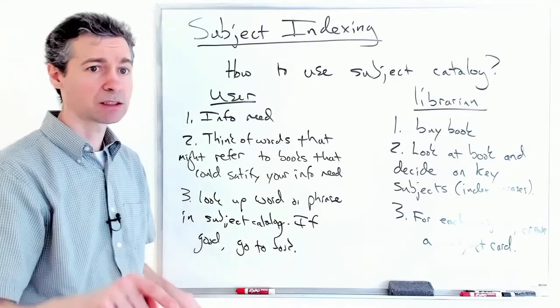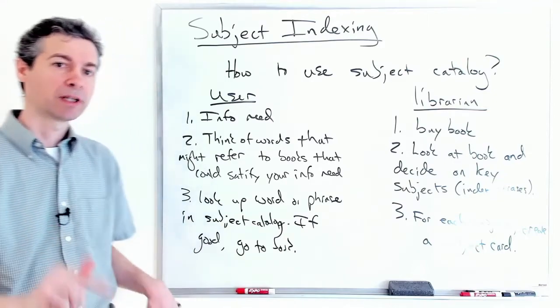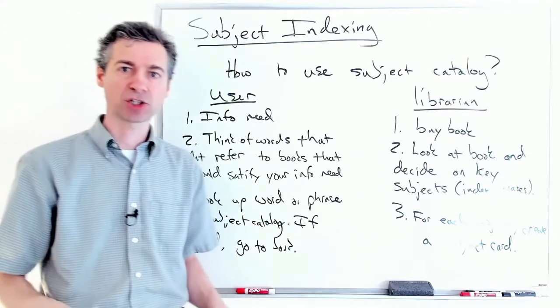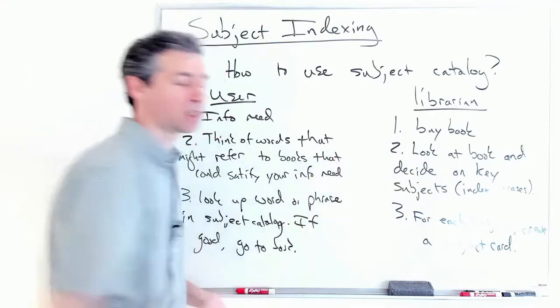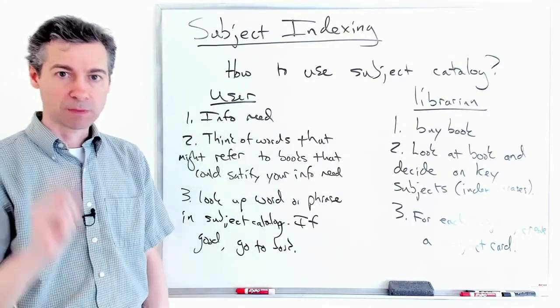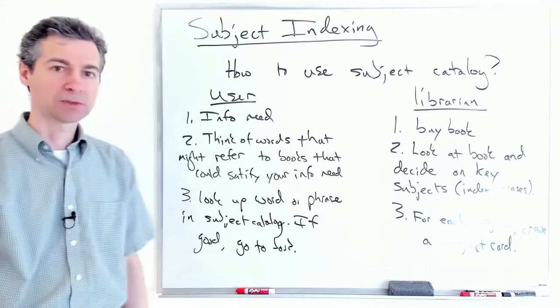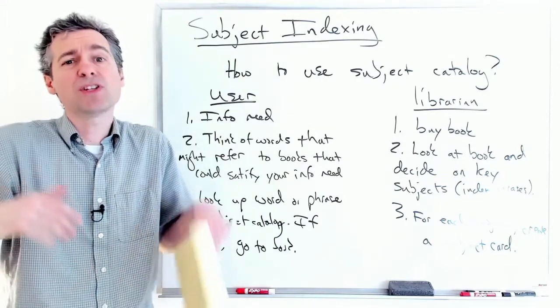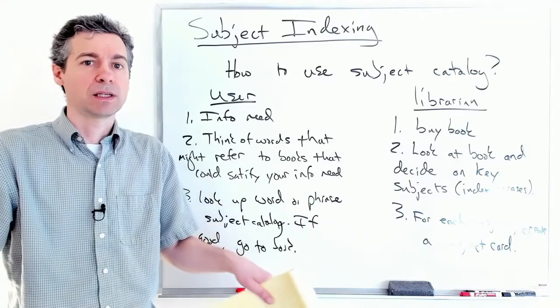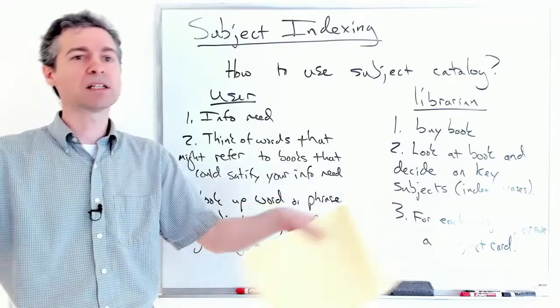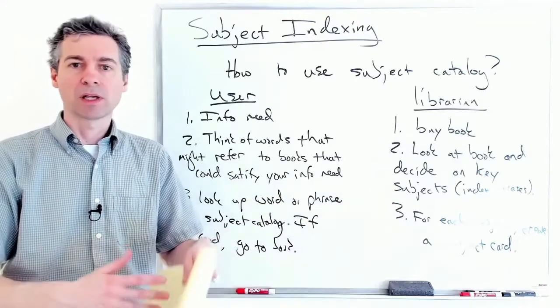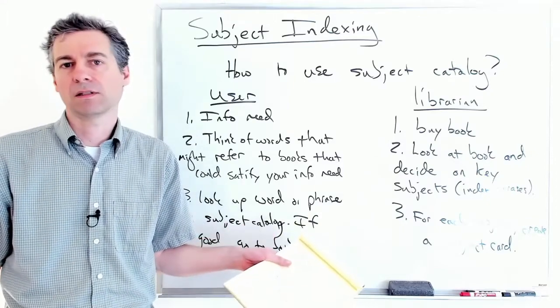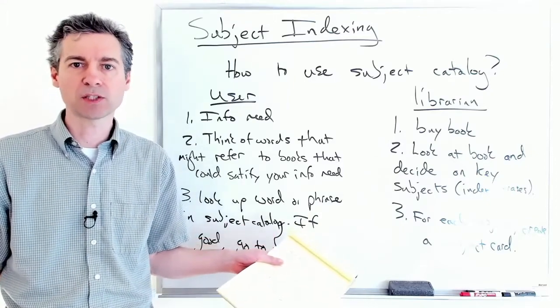It's there. It's in the library. It's relevant to your information need, but they didn't stick a word on it that matched what you thought of, and now you cannot find that book. You don't even know it exists. It's there. It's in the collection of all the books, but it's not retrievable. It's not accessible to you.